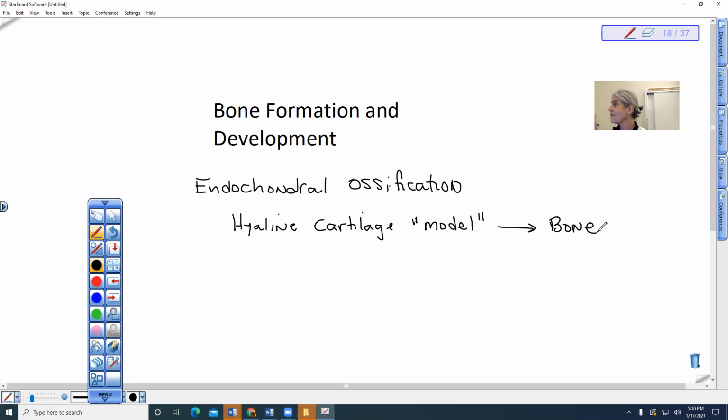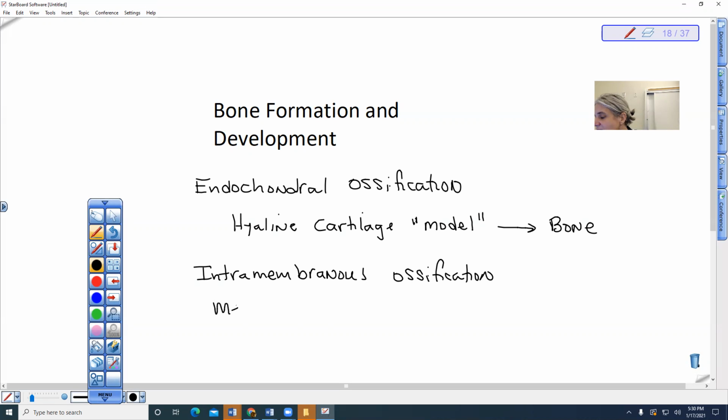The flat bones have intramembranous ossification. So instead of starting out as hyaline cartilage, these start out as mesenchyme. Mesenchyme, remember, is the developmental precursor to all connective tissues.